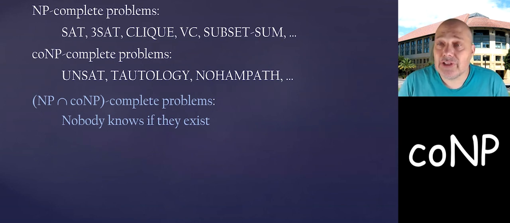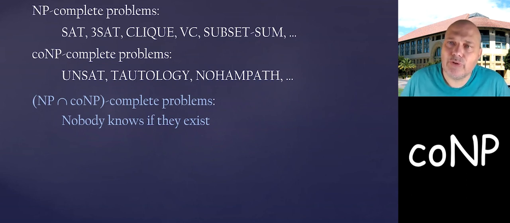And for this reason, we know less about NP intersect co-NP. This is what I hinted some videos ago, that for classes that we don't have complete problems, we know less. So we know a lot about NP, a lot about co-NP, much less about NP intersect co-NP.